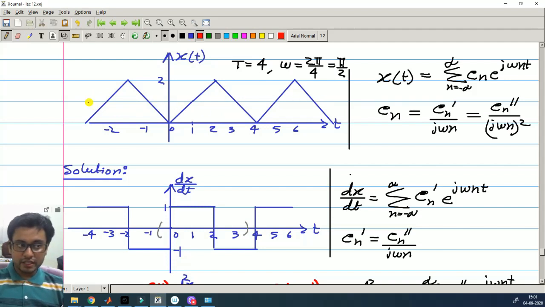So the information about the average value of the original signal will be completely lost in Cn prime. So you cannot calculate the average value or C0 from C0 prime in any way.